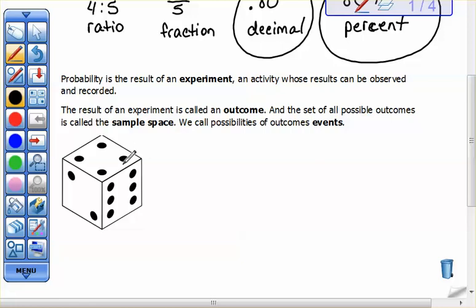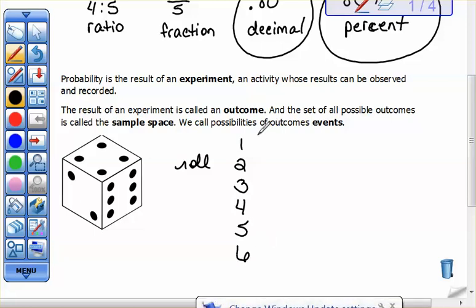Let me write that out. If I were to roll this die, I could end up with a 1, a 2, a 3, a 4, a 5, or a 6. These would be considered different outcomes.